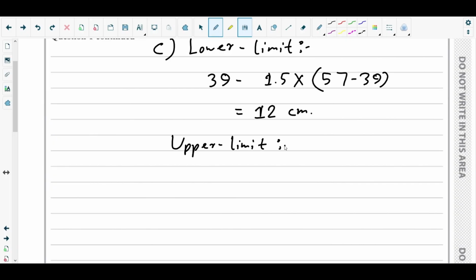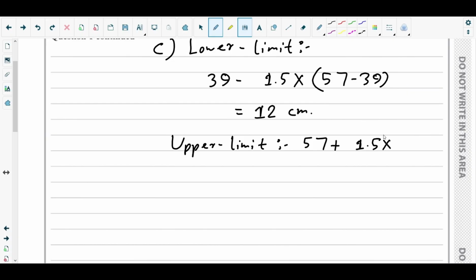Okay, and then consider the upper limit. Upper limit would be what? Q3 plus 1.5 times (Q3 minus Q1). Q3 is 57. So 57 plus 1.5 times how much? 57 minus 39 is basically 18.